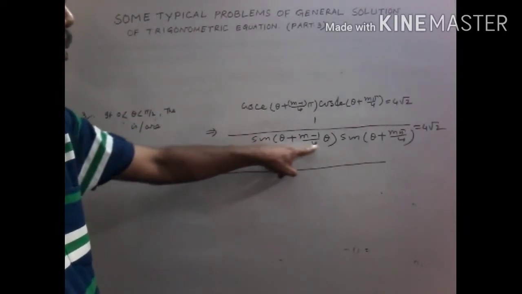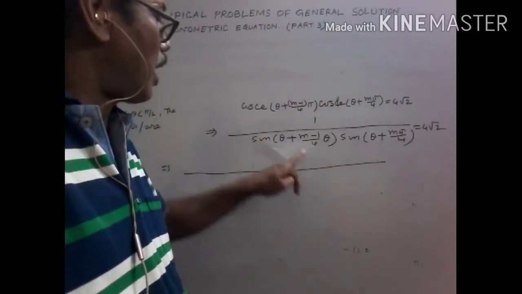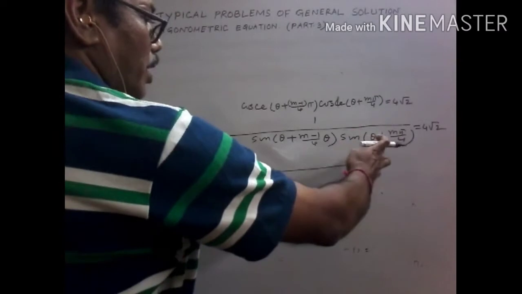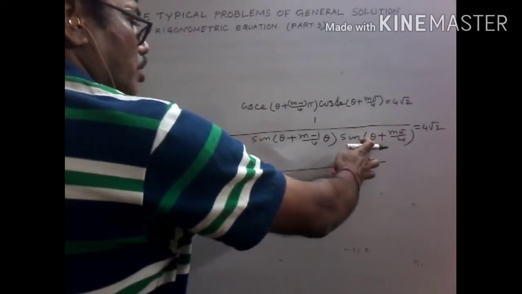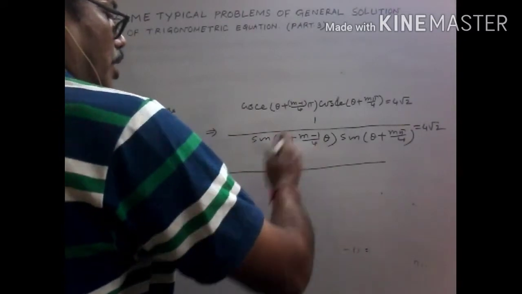So look, what is the difference of angle? You have to express the numerator as a difference of these two angles. So if you take the difference, mπ/4 plus θ minus this.